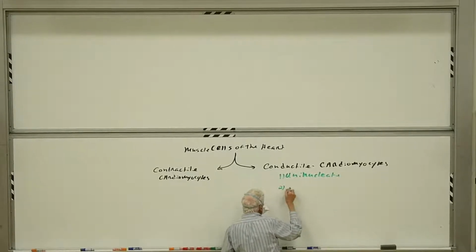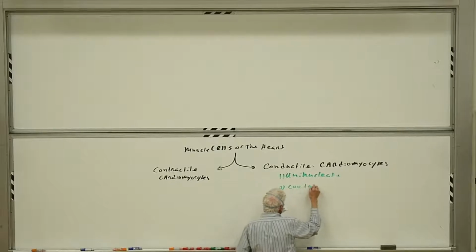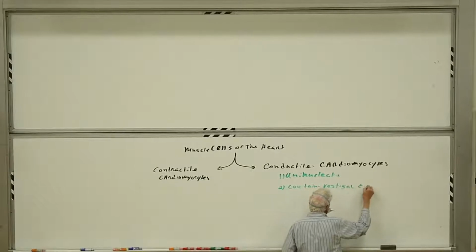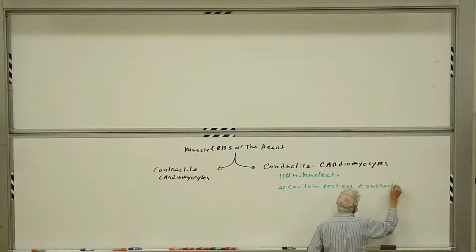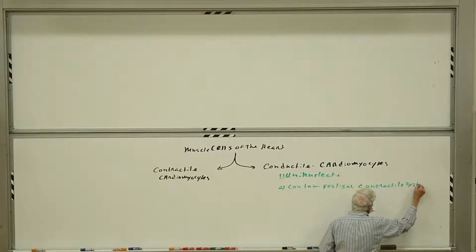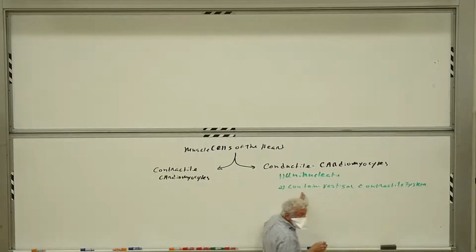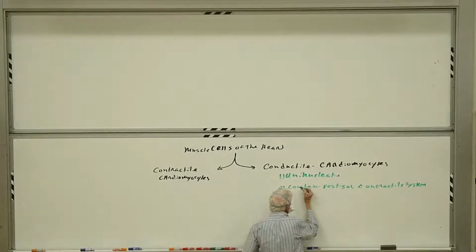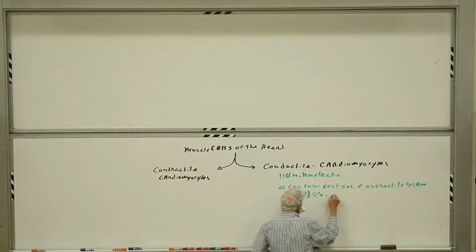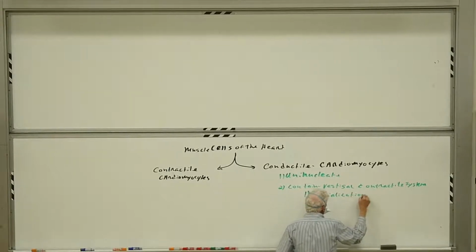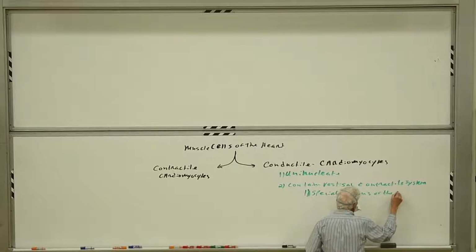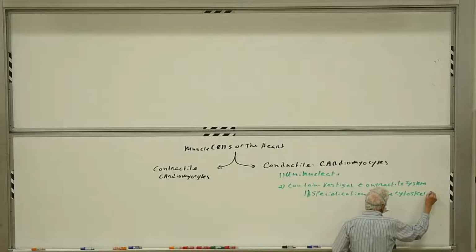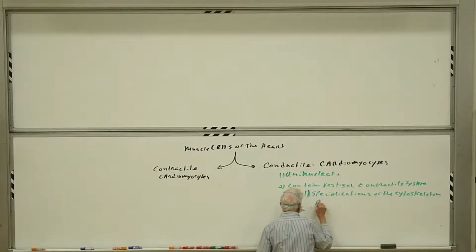Secondly, they contain pretty much a vestigial contractile system. When you're looking at these cells in the electron microscope, you have to look very, very carefully to see the specializations of the cytoskeleton associated with contraction.